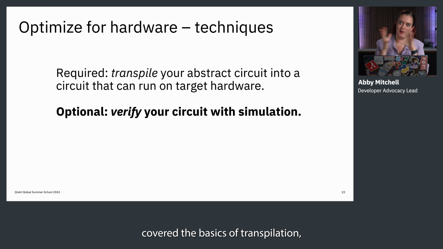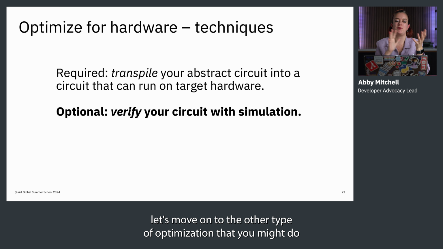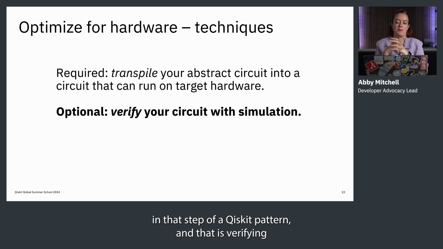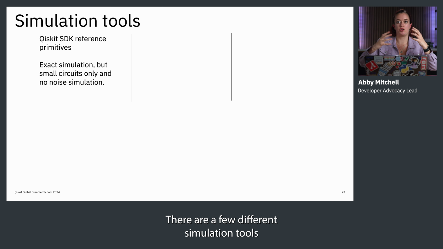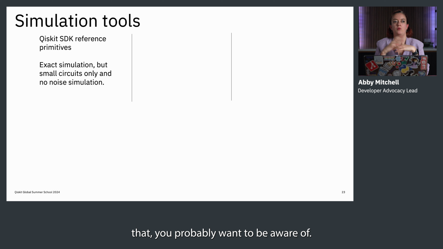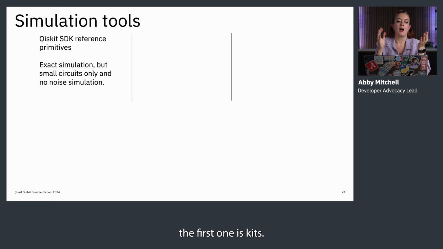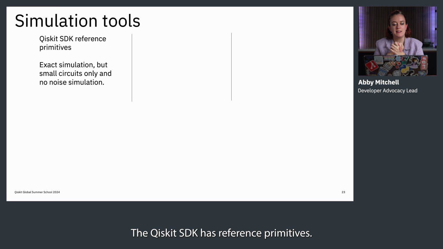Okay, now that we've covered the basics of transpilation, let's move on to the other type of optimization that you might do in that step of a Qiskit pattern, and that is verifying your circuit with simulation. There are a few different simulation tools that you probably want to be aware of. The first one is the Qiskit SDK has reference primitives.